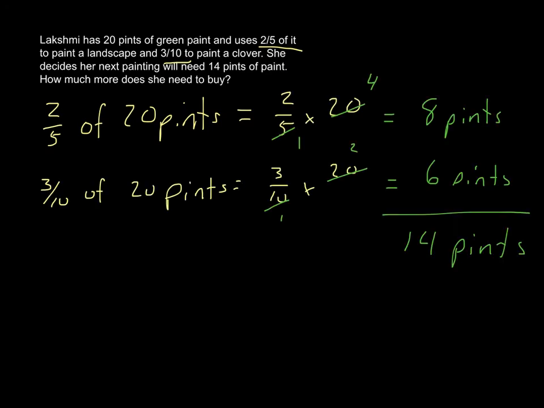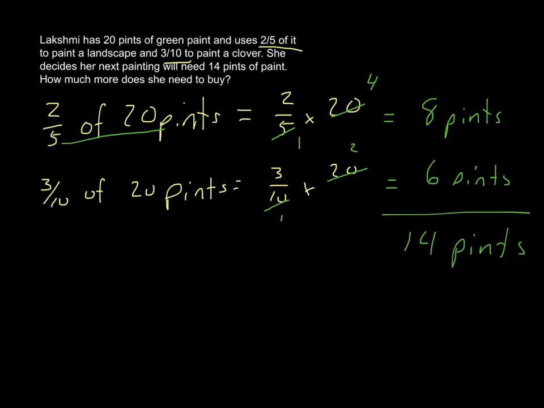Now when I solve this, I find that 2/5 of 20 pints is 8 pints. What I did here is I did 2/5 times 20, but I cross-simplified, showing that 5 goes into 20 4 times. 5 goes into 5 once. 2 times 4 is my 8. For 3/10 of 20 pints, I write my 3/10 times 20.